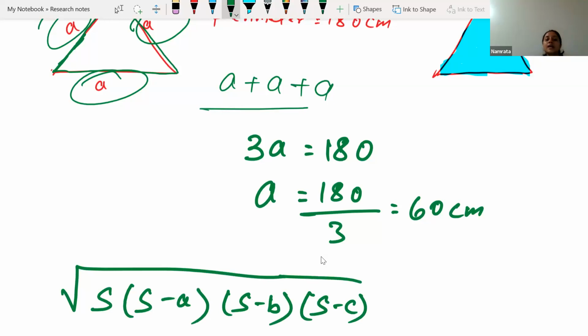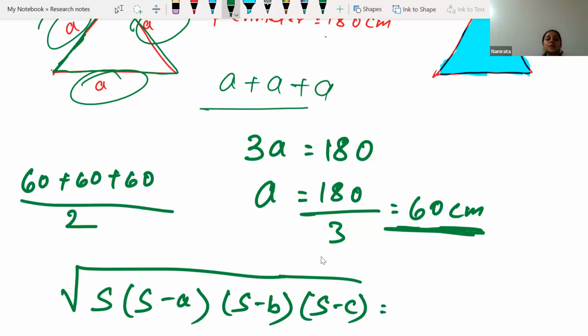Here, what is S? S is A plus B plus C by 2. So what is A plus B plus C? That is 180. You can check it: 60 plus 60 plus 60, because each and every side is 60 centimeter, it's an equilateral triangle as written in the question itself, by 2. That means 180 by 2, that means 90.